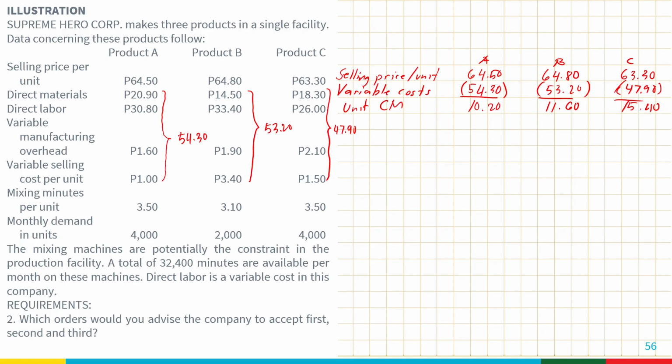Okay, now let's divide these amounts with the scarce resource per unit, which is the mixing minute.